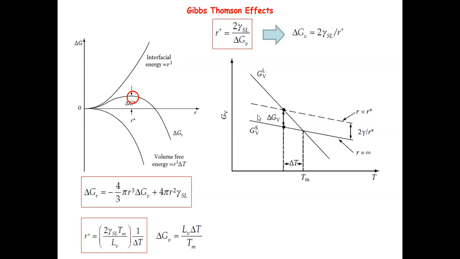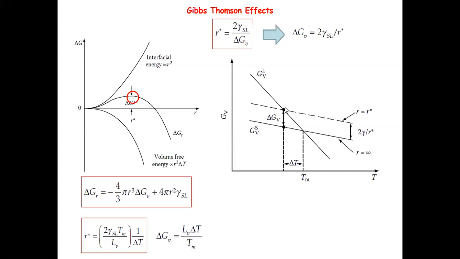So if I look at a free energy curve or free energy line associated with a nucleus with radius R star, its free energy is not this original free energy curve which we obtained for the infinite bulk solid phase. This is already a finite size nucleus with R star as its radius, which is just the critical radius for this delta T. We know that this small nucleus will use up all of the bulk free energy reduction, which is delta G V, to overcome its increase of the interfacial energy.